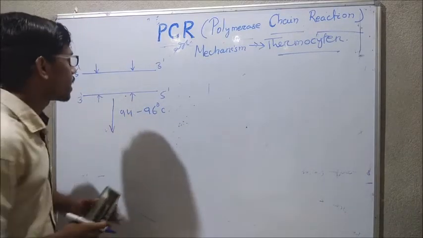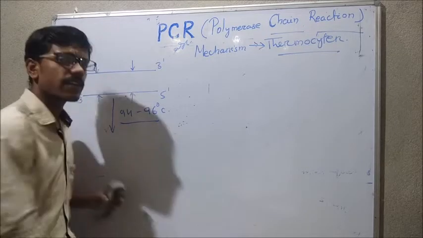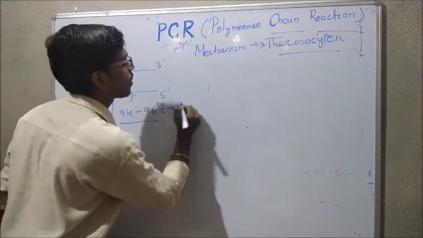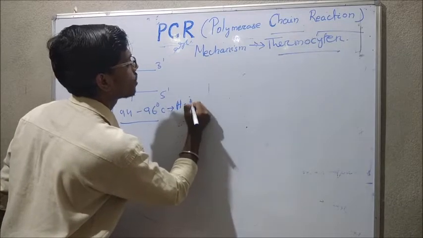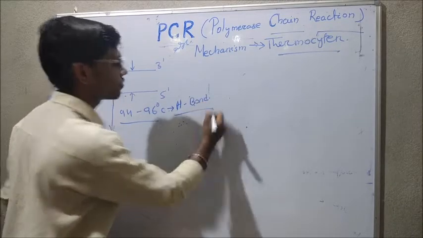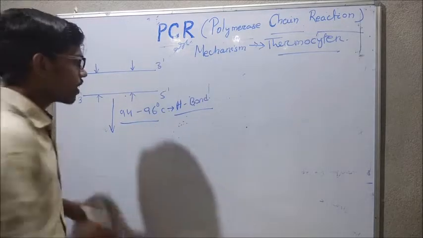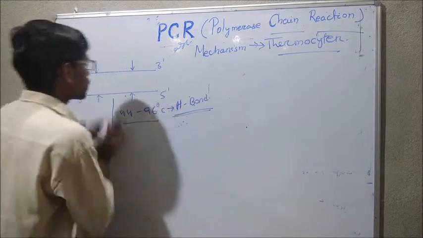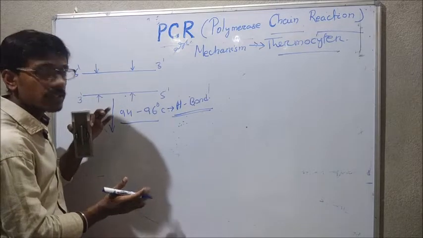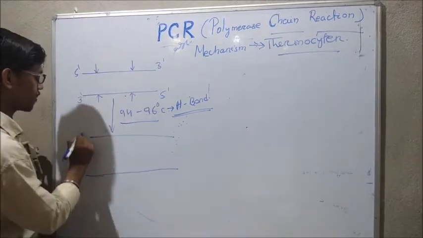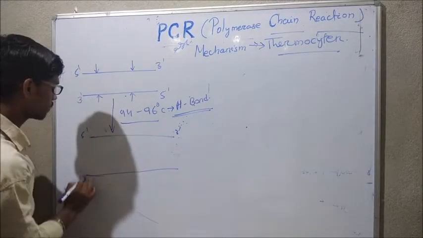When 94 to 96 degrees Celsius is provided to the DNA, there will be breaking of the hydrogen bonds. When the hydrogen bonds break, there will be separation of the DNA strands. This is 5' 3' and this is 3' 5'.